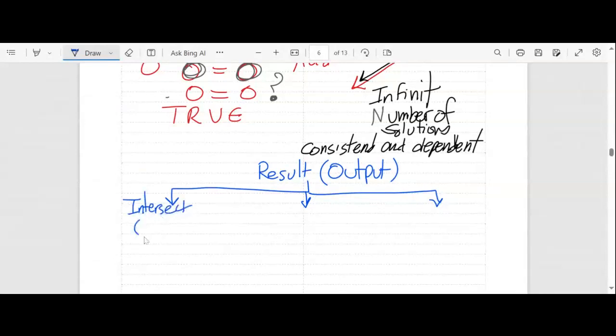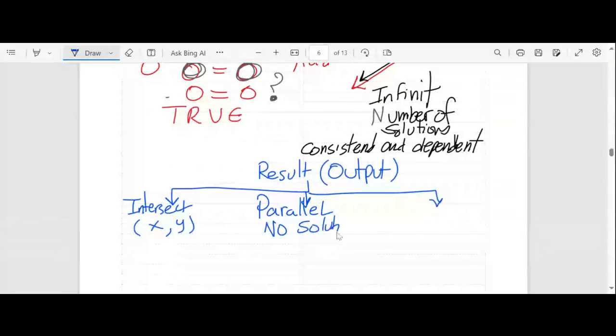That's when you get 1 point, like x and y. The second type is parallel. That's when you have solution or no solution? No solution. And then the third type is the same line. Sometimes you call it overlap.